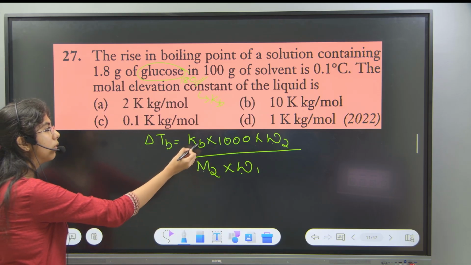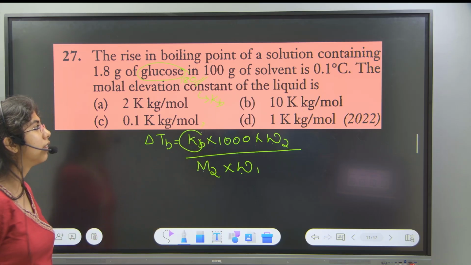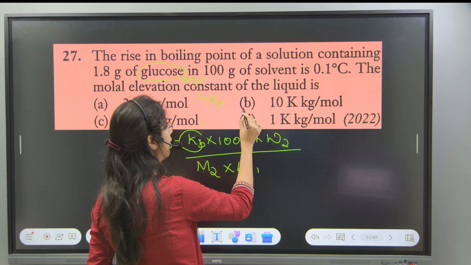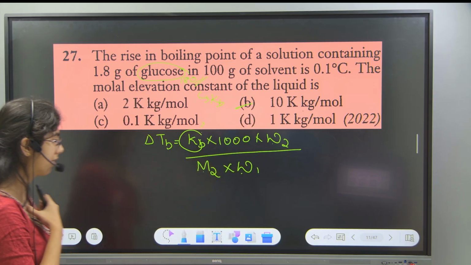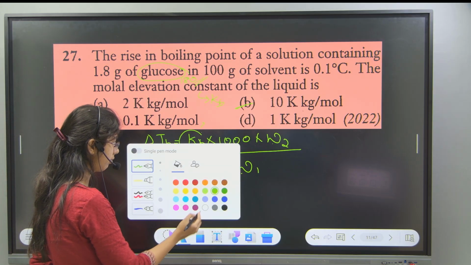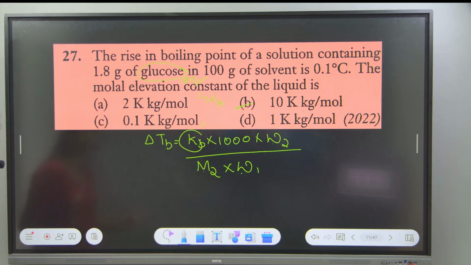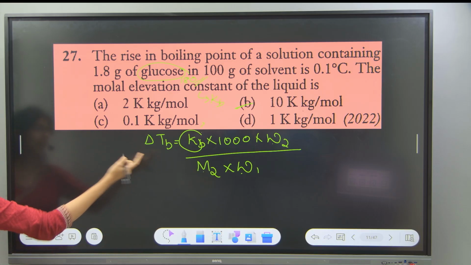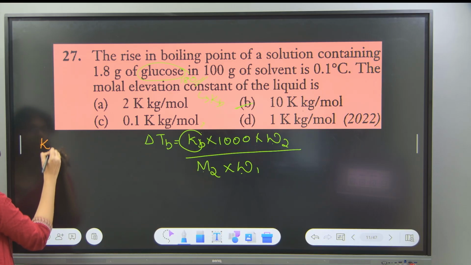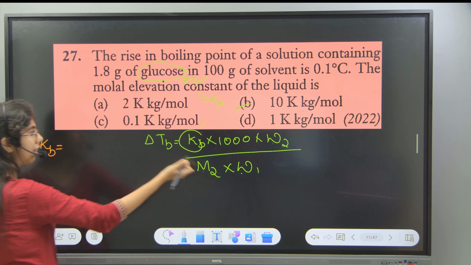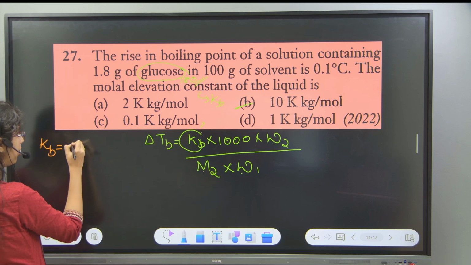You have to find out this. Option B. Okay. I'll take this formula, you try to answer. Meanwhile, I'll write this formula in terms of Kb.